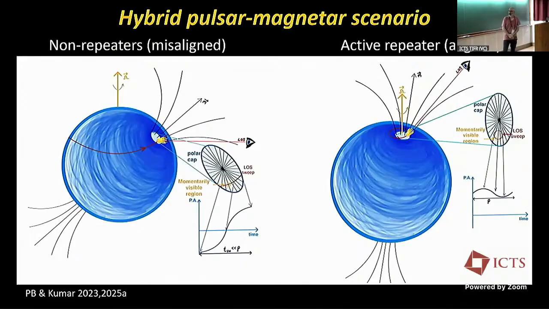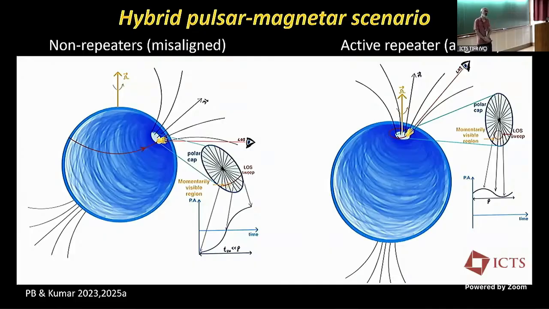So in an earlier work this year, we suggested one possible geometric interpretation for this. Our idea is that non-repeaters might be instances of misaligned cases, where the magnetic and spin axes of a magnetar are misaligned with each other, and the magnetic axis happens to sweep across the line of sight.